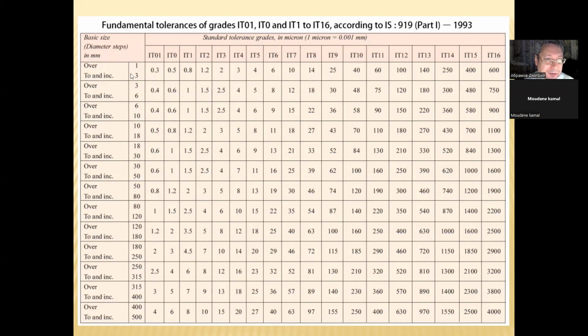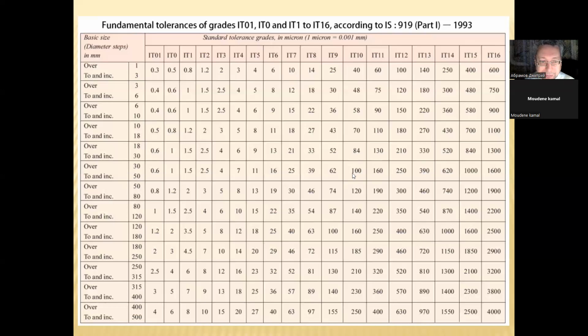We use this row, and 35 millimeters is between 30 and 50 millimeters. This row, and IT grade 10, and we have the tolerance field equal to 100 micrometers.